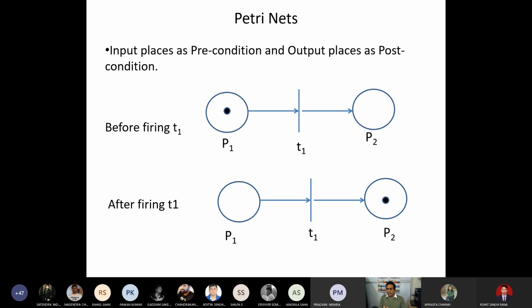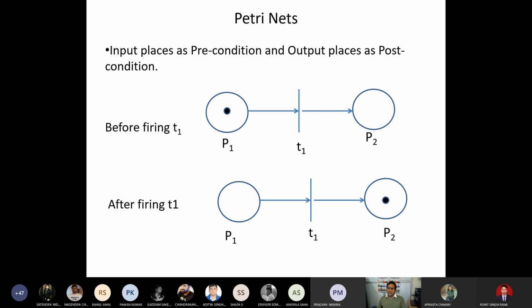Okay, I will go through an example, then you will be able to understand the whole Petri net. The transition T1 should be fired only when the input place P1 has a token.